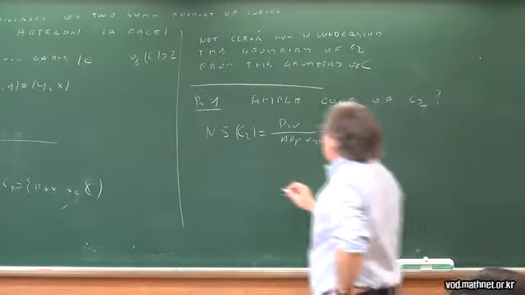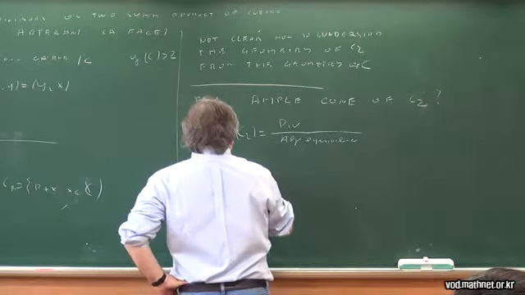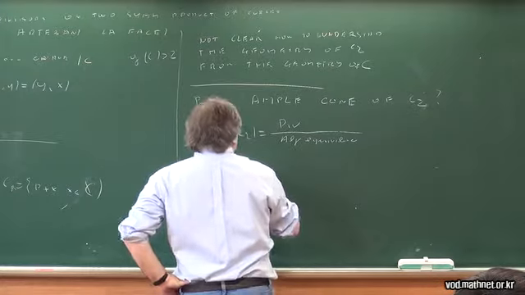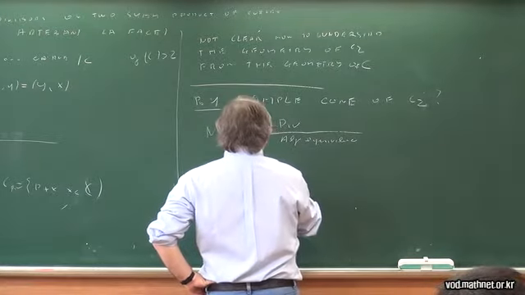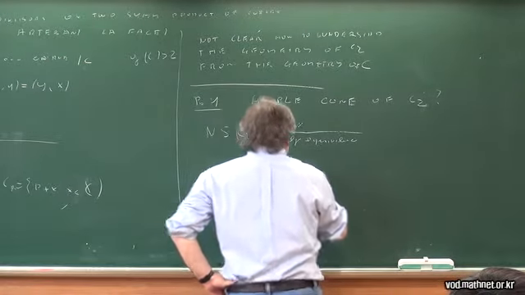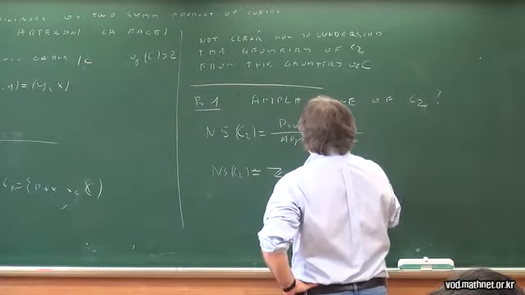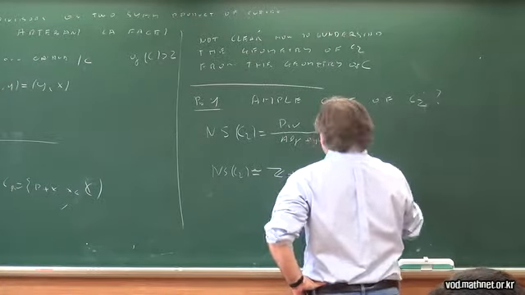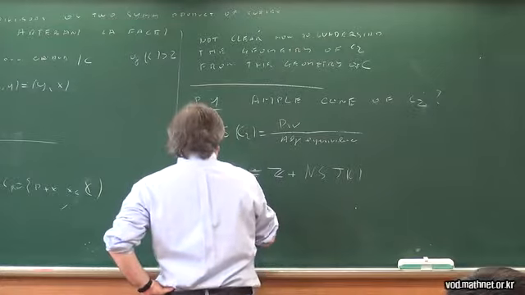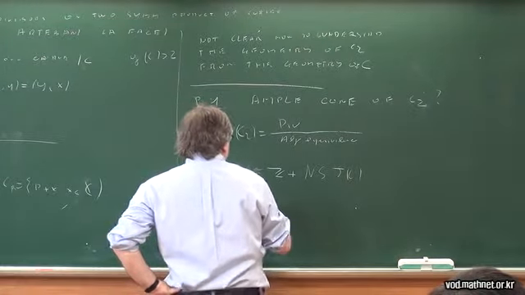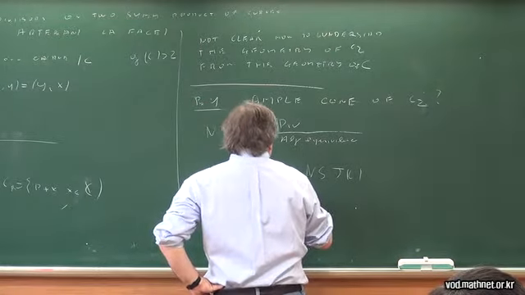Then the Néron-Severi of C2 is isomorphic to Z plus the Néron-Severi of the Jacobian of C. Recall that the Jacobian of C by definition is Pic 0 of C.